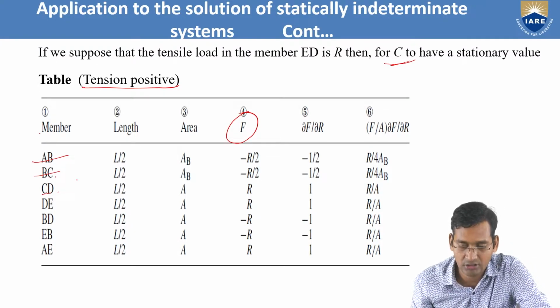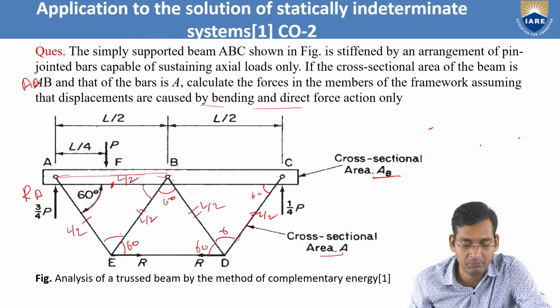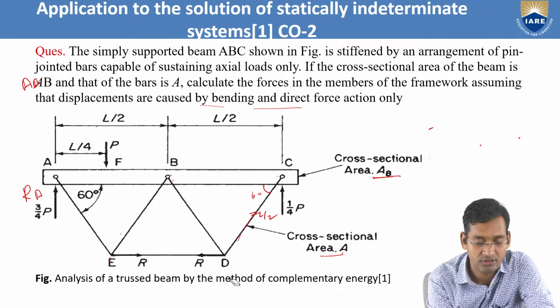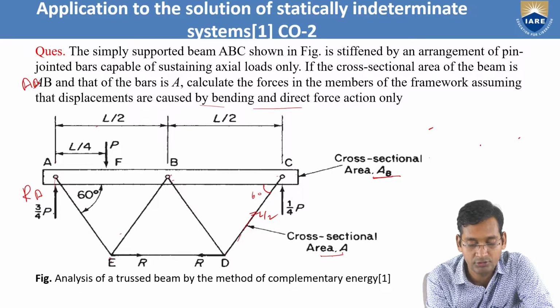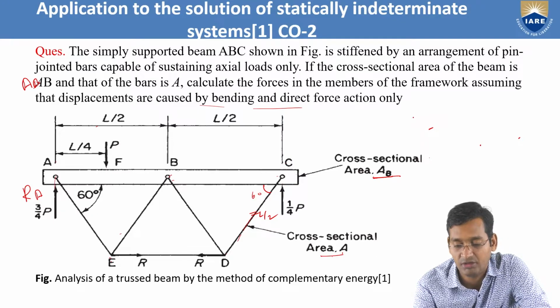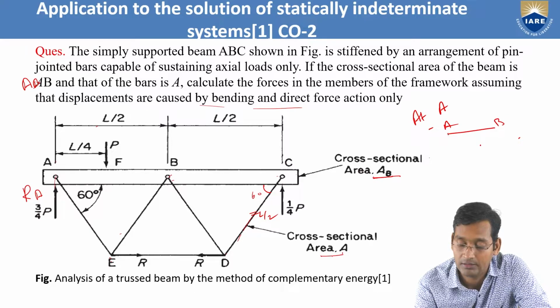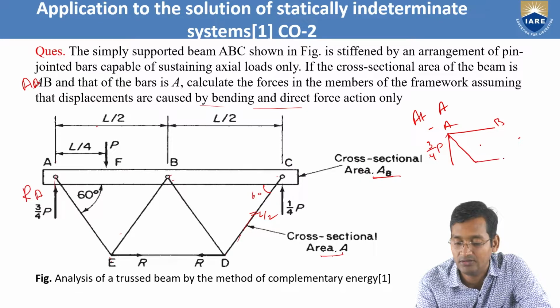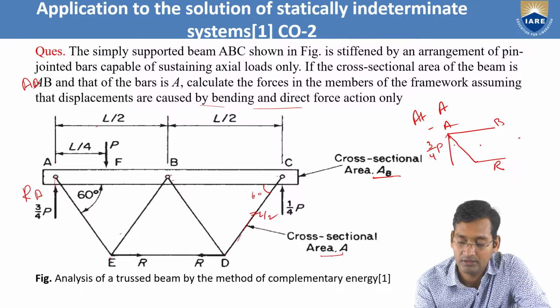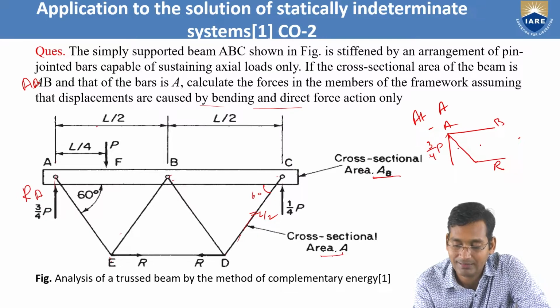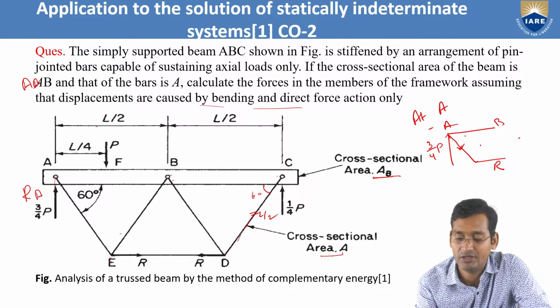So let's see what the force in member AB will be. Here three forces are acting, so I'm taking point A, by the joint method. This is A, B, here it's acting 3 by 4 P, and here it's given R. So now we will resolve this in these two directions.